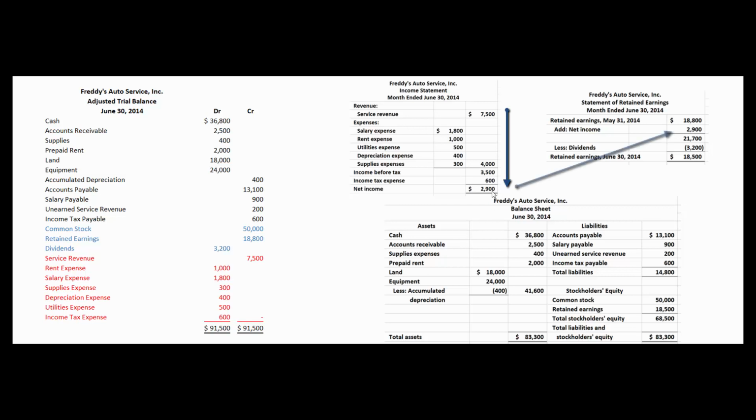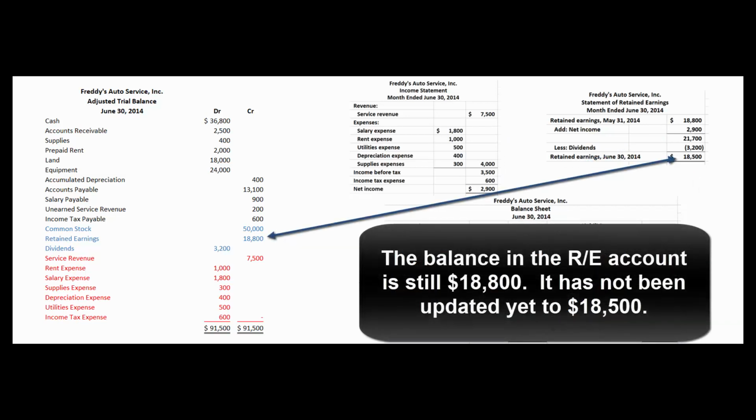Net income would eventually get closed into retained earnings, and then that ending retained earnings balance appears on our balance sheet. But the problem is we have not made any changes to the retained earnings account. We created the statement of retained earnings, if you will, on a separate piece of paper. Closing the temporary accounts simply updates our retained earnings account.